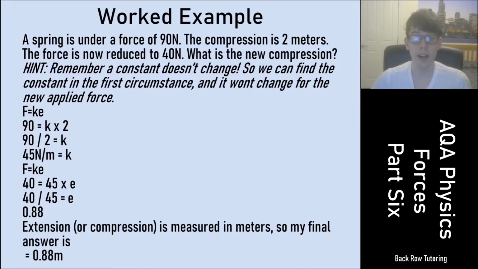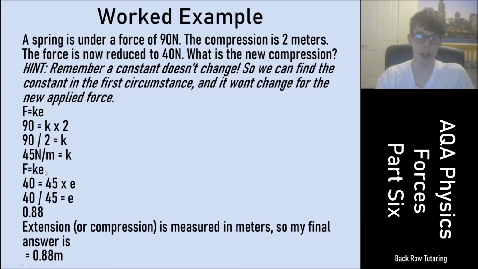So the first thing we need to do is work out the spring constant. We know that the force that this spring is under initially is 90 newtons. We know that the compression is 2 metres. To work out the spring constant, we then have to divide both sides by 2. So the constant is equal to 90 divided by 2, which is 45 newtons per metre. We now know the spring constant, and we can use that in the second part of the question to work out the new extension.